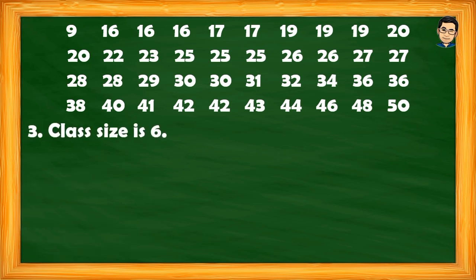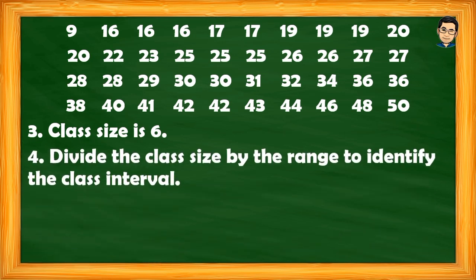Next naman, yung given natin na class size is 6. Okay, so yan, given po yan sa ating problem. Step 4, divide the range by the class size to identify the class interval. So, yung class interval natin denoted as I equals range over class size.